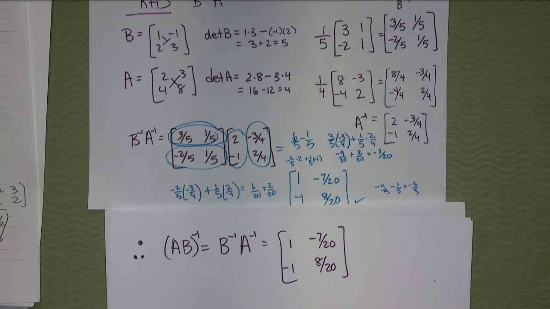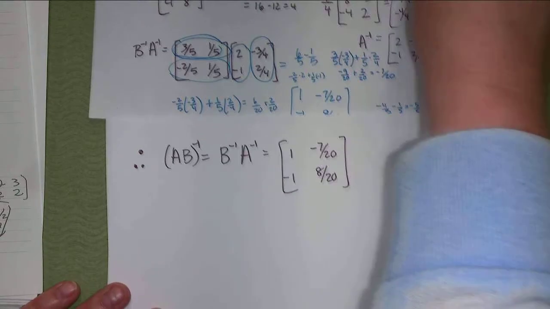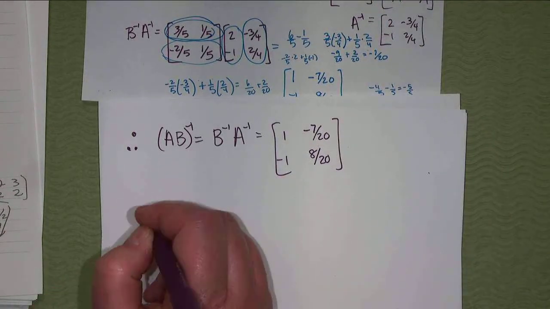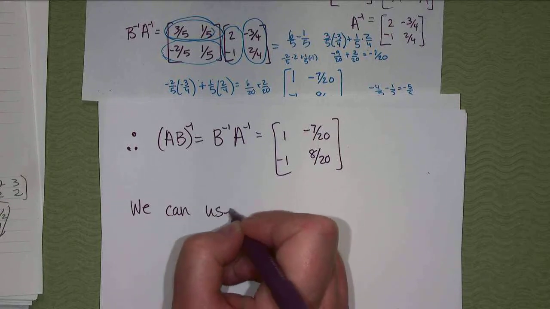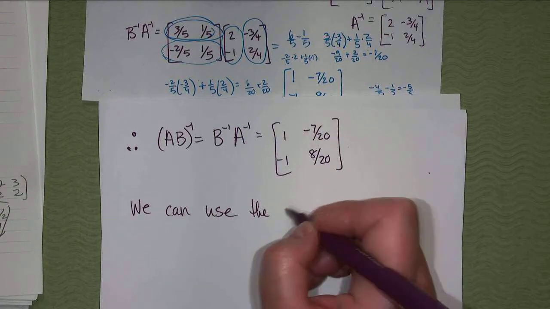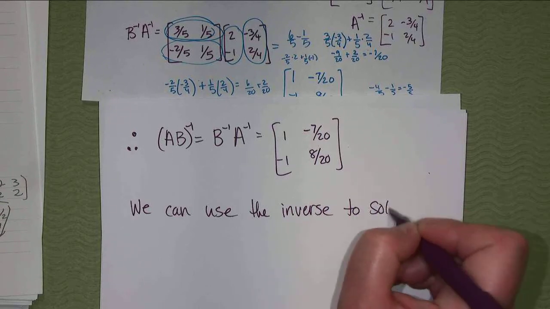That got rid of the a, then we plugged it back in. That was elimination. So you can actually use the inverse to solve systems. We can use the inverse to solve systems of equations.